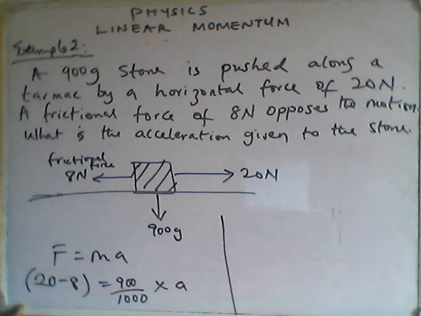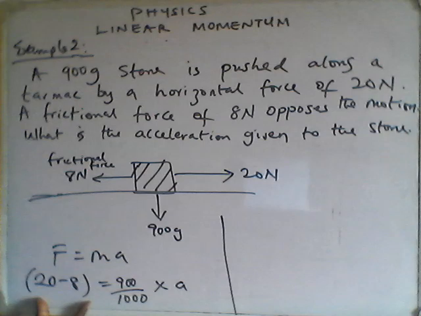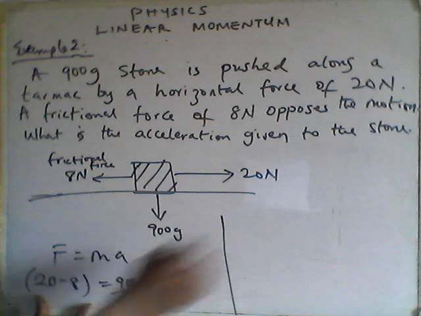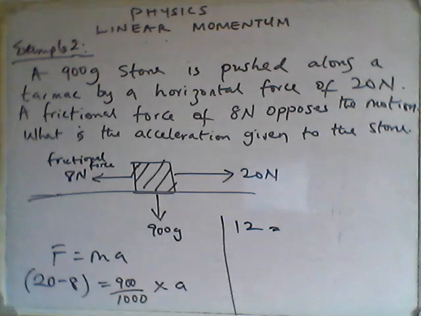So the difference between this and this, the net force: this is 20 going forward, 8 going backwards. Backward force is the frictional force. So the difference between 20 and 8 is 12. So 12 is the force that will move this thing forward. It's not stated here, but you have to derive it.